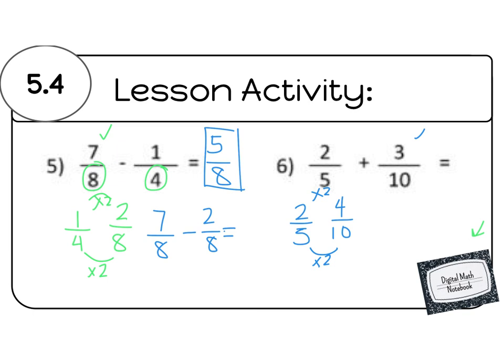So that means that our problem with common denominators becomes 4/10 plus 3/10. And I will leave you to answer that question. So you need to know what number goes right here. All right, 5th graders, good luck.